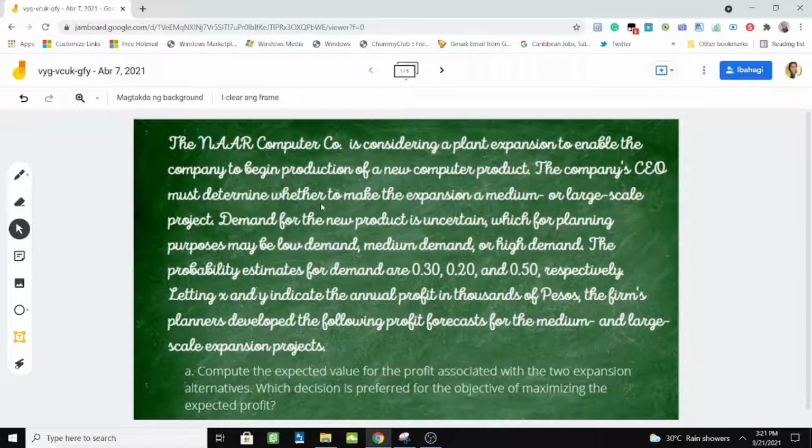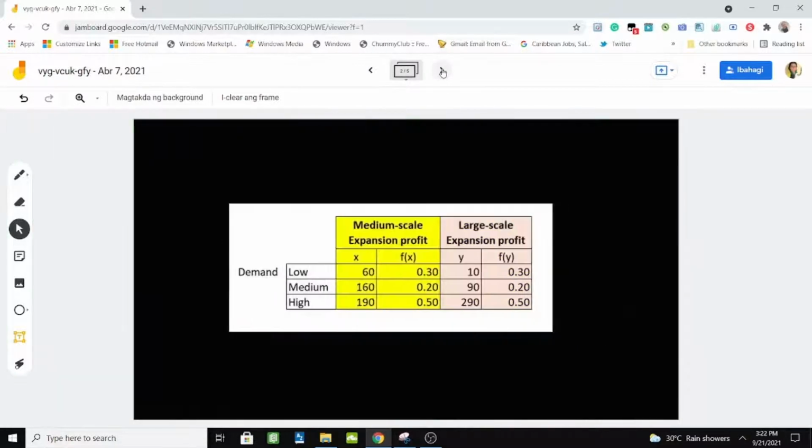So the question is, we need to compute the expected value for the profit associated with the two expansion alternatives, and which decision is preferred for the objective of maximizing the expected profit. Now, this is the given. For the medium scale expansion profit, for the low, medium, and high demands are 60, 160, and 190.